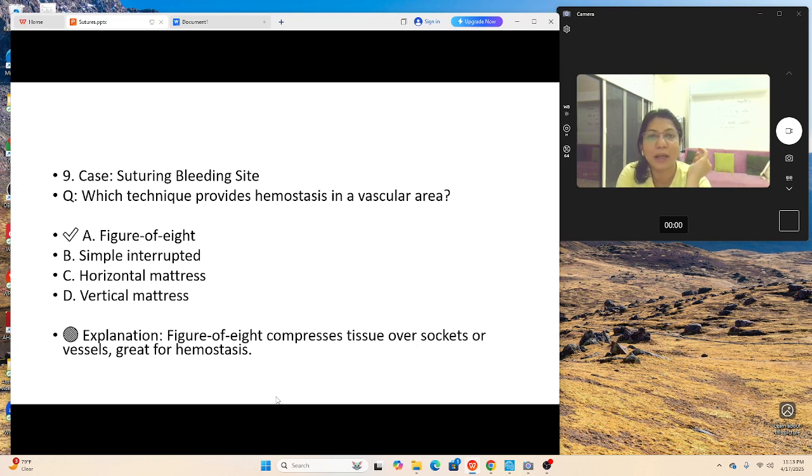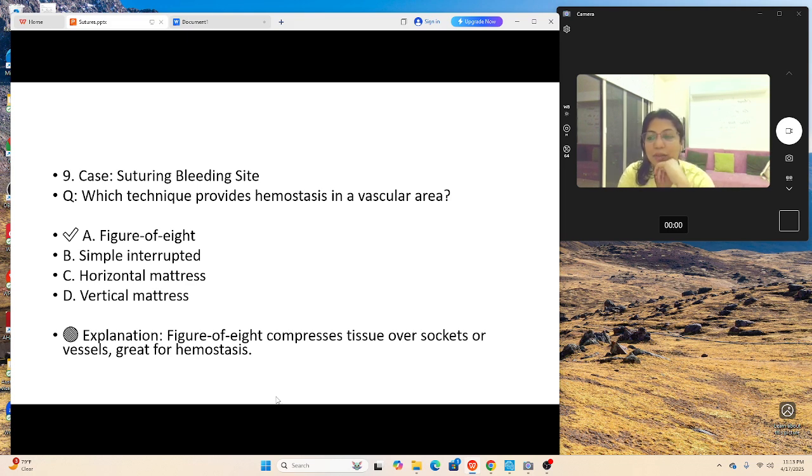There was vertical mattress, horizontal mattress, figure of 8, inverted figure of 8, continuous ones, and we used to search for cases to do so. So one of the interesting sutures was figure of 8. And that was a very nice suture technique, because when you took the end of the material from the figure of 8, it kind of just closed that entire socket area.